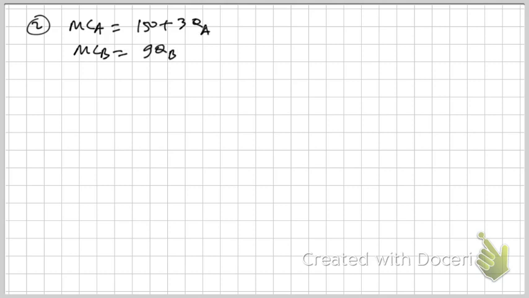All right, let's start from question number 2, where marginal cost A is given by 150 plus 3q, and marginal cost B is given by 9qb, and the common marginal benefit is given by 250 minus 4q, where q is q1 plus q2.